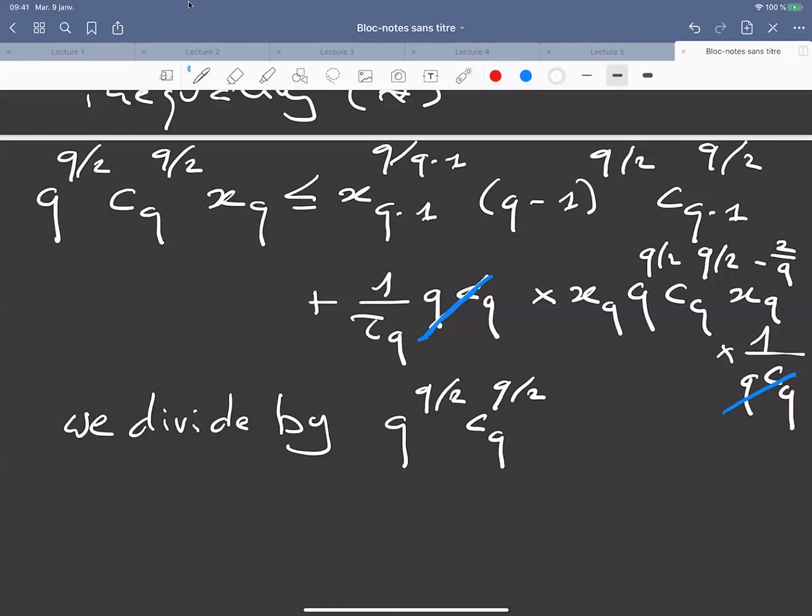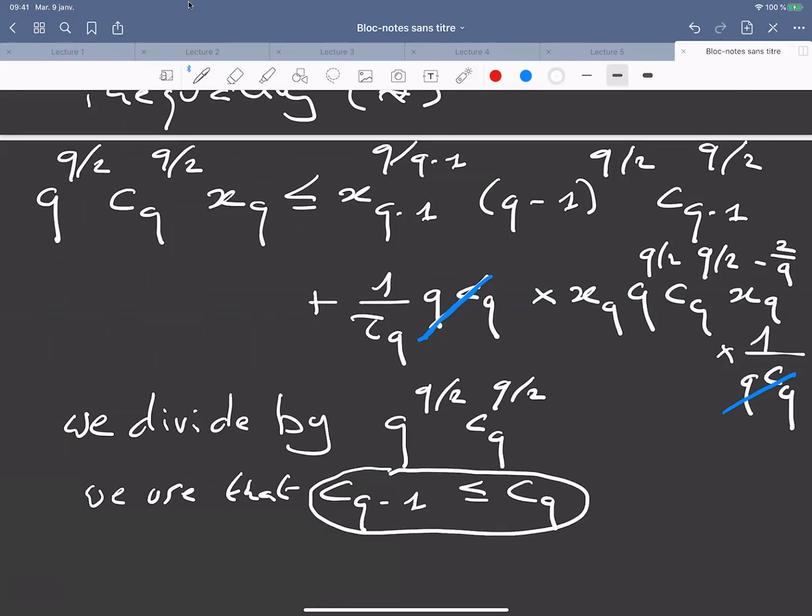And we use the fact that cq minus 1 is less than cq. So this is important because this makes a cq appear instead of cq minus 1. And you see that it's good news, because after that, you have some homogeneity in the formula which appears.